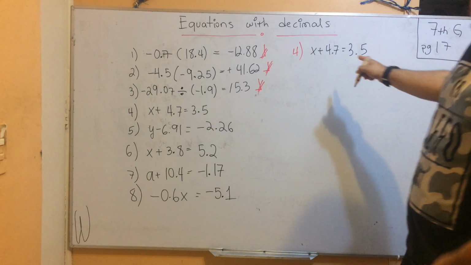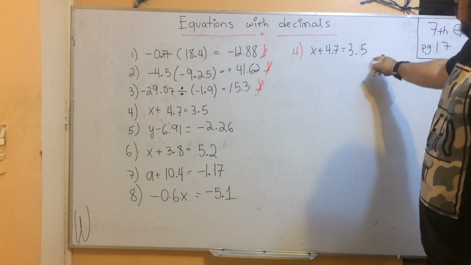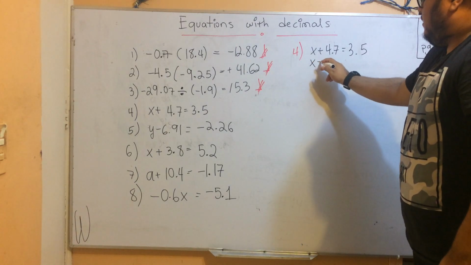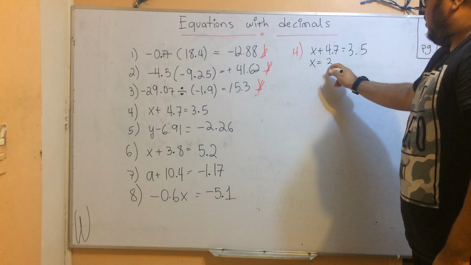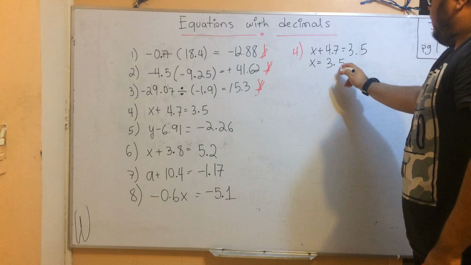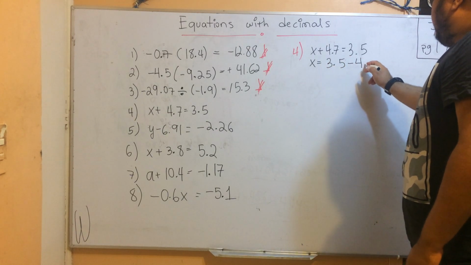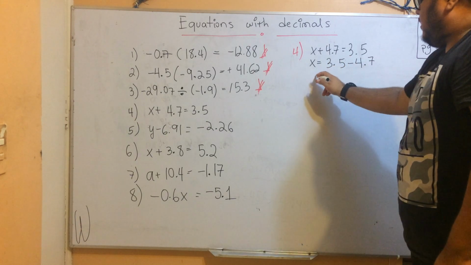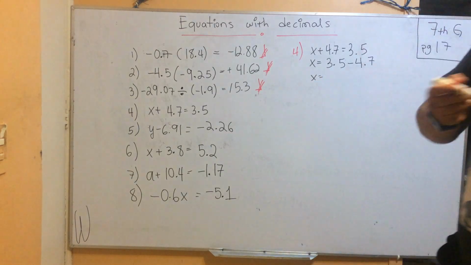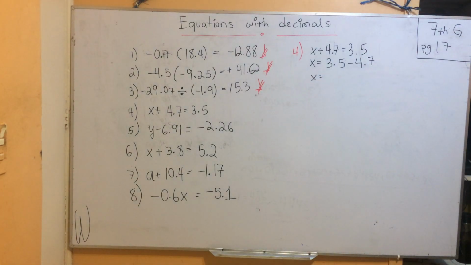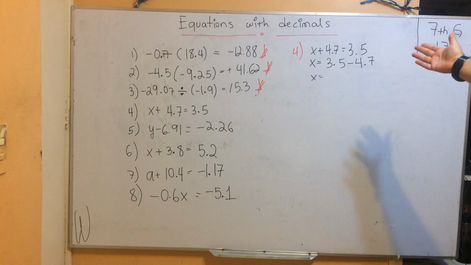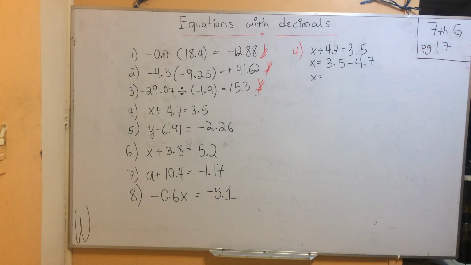So if this 4.7 is positive, I'm going to switch it to the other side, negative. So I have 3.5 minus 4.7. That means that we're going to have a negative answer, because we are subtracting a bigger number. So 3.5 minus 4.7.